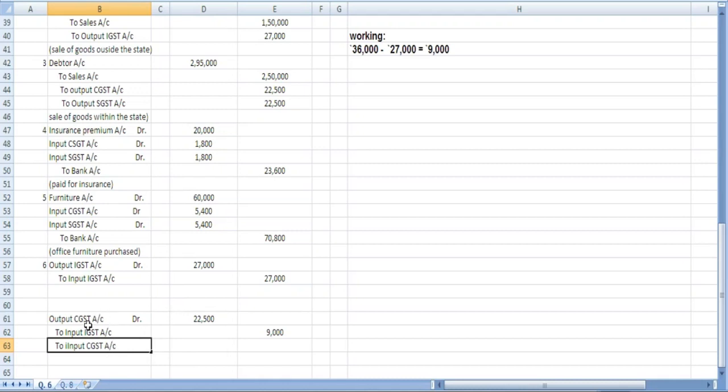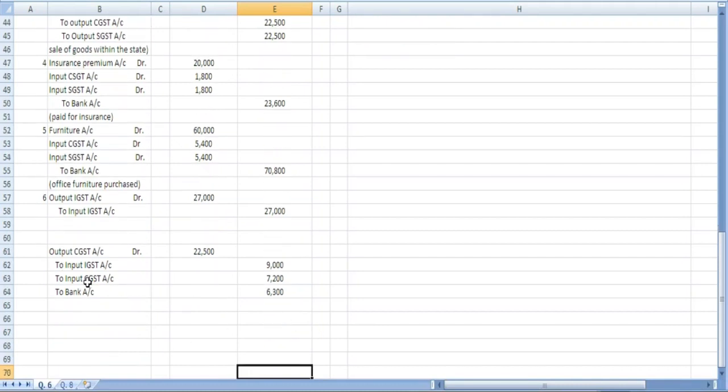First we'll finish this, then I will explain this part once again for you all to understand. So here 5,400 and 1,800, together this is coming as 7,200, and then the remaining will go to the bank, we will not adjust with SGST. So the remaining 6,300 will be there in the bank.